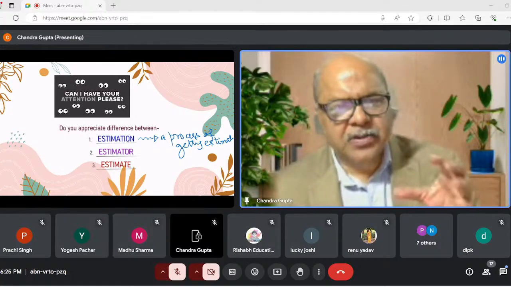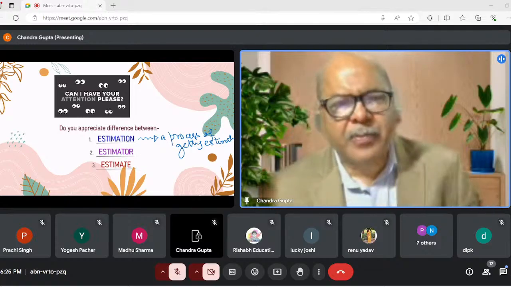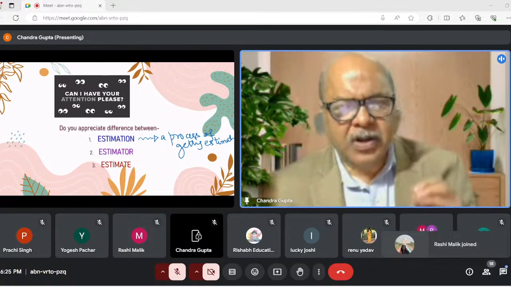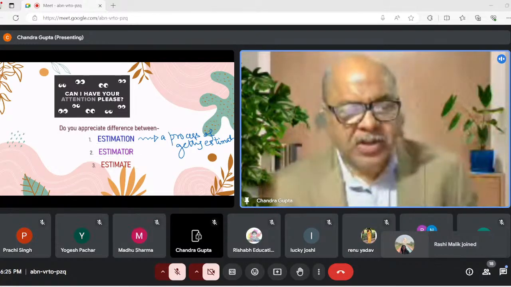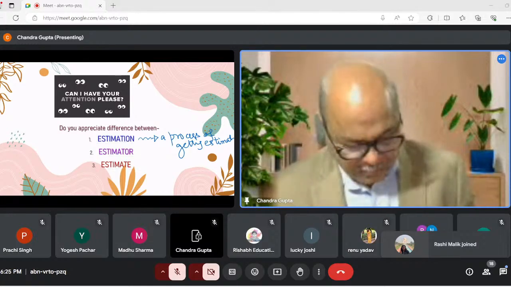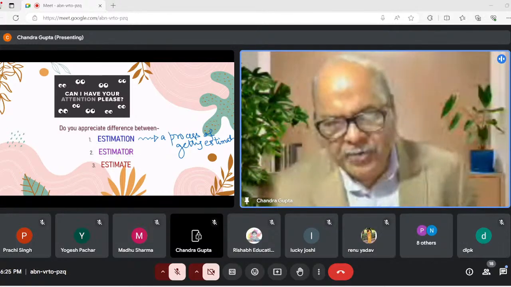And the process of getting that estimate of alpha and beta is called estimation. Now the question is, what is an estimator? That is something which is important for us.